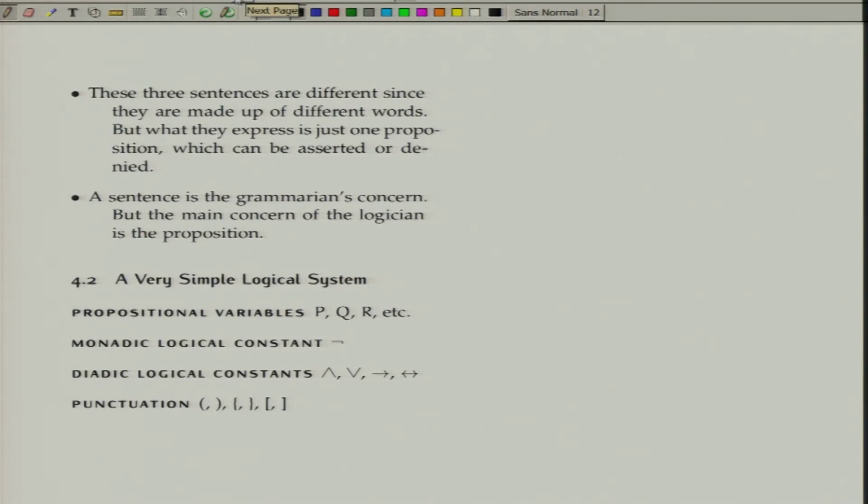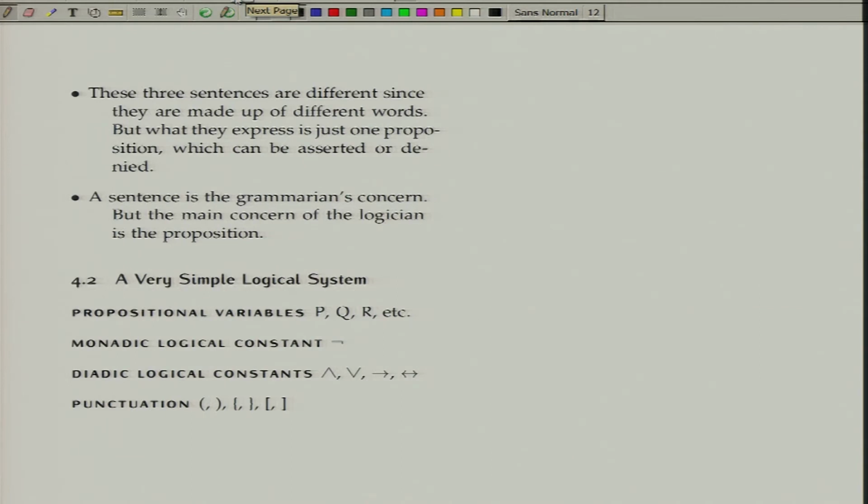So we start studying a very simple logical system. It is actually propositional calculus, and then after a few sessions we will study predicate calculus. So the system has mainly variables, propositional variables. They are P, Q, R, etc.